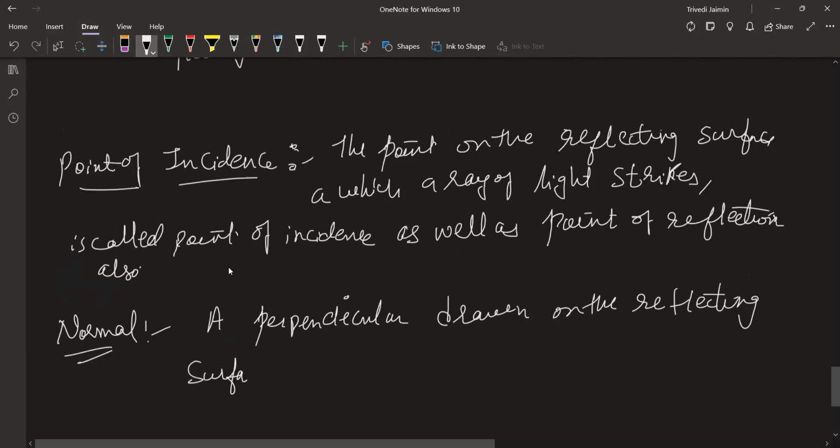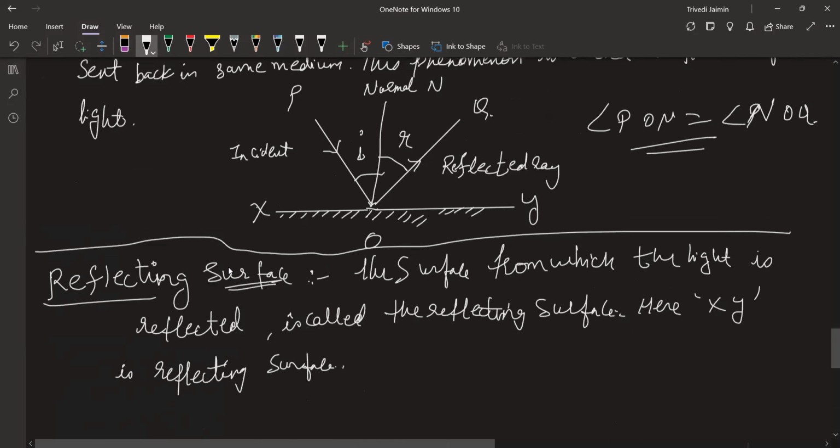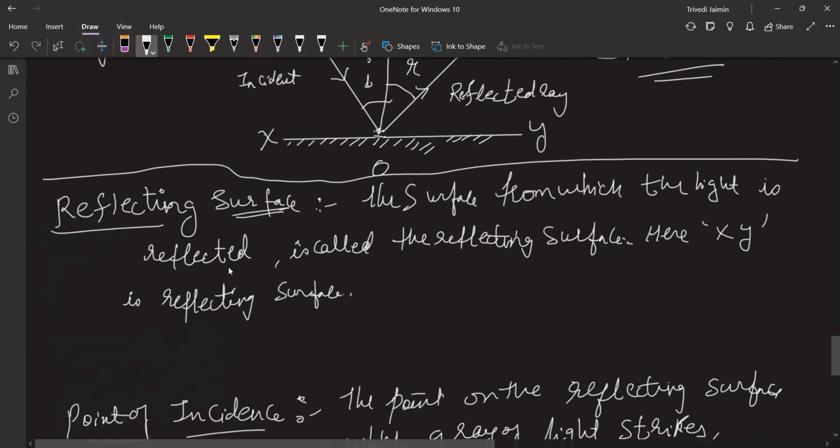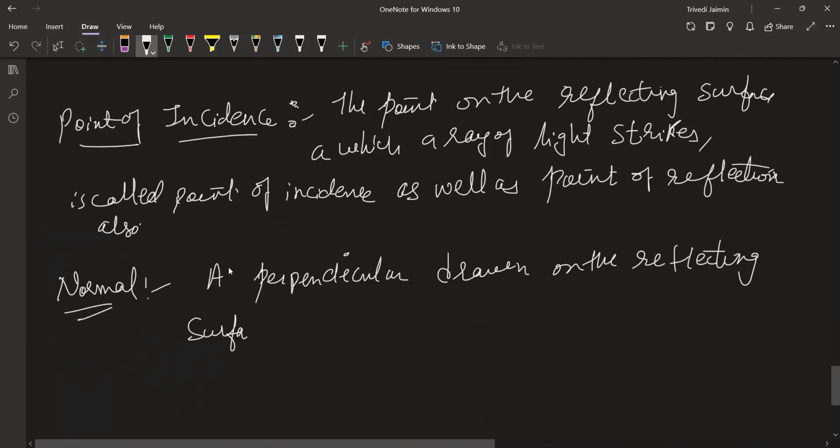See in the diagram, this is your point of incidence, and the same point is the point of reflection. From this point, the reflected ray is starting. Here, the incident ray is ending. That means there is a point of interaction with the surface. There is a point of incidence.